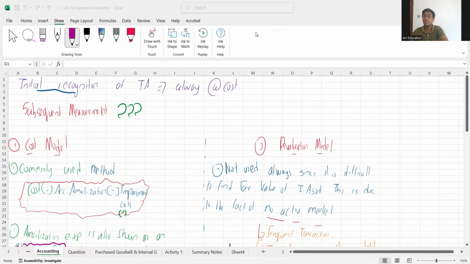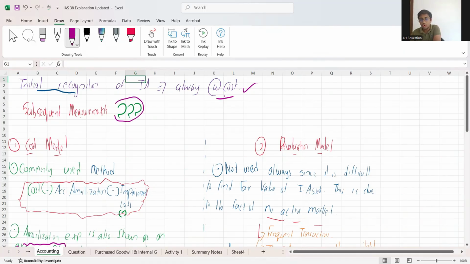Okay. Now we are moving towards our final part, which is our accounting for intangible assets. Regardless of whether it's an intangible asset or tangible, right? All the assets are initially measured at cost. Right? They are always initially measured at cost if it's an asset. Okay. Then, in terms of subsequent measurement, as soon as you initially measure, you need to do something called subsequent measurement at each and every reporting date. Right?